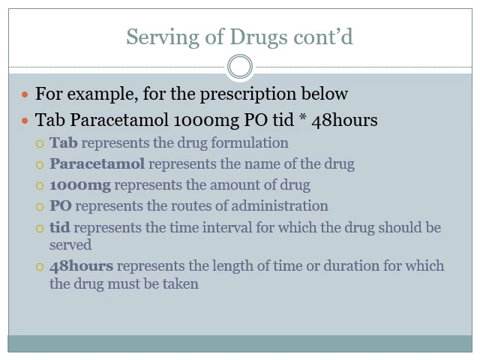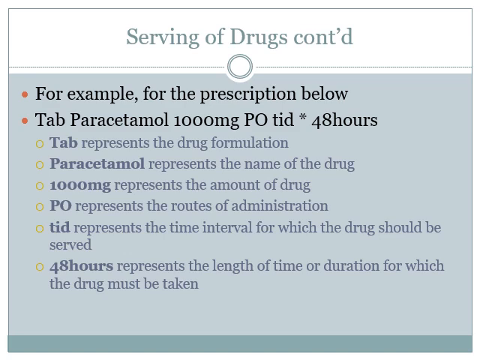So, for example, we have a prescription: tab paracetamol 1,000 milligram PO TID times 48 hours. Please, all these terms aside from paracetamol are found in the abbreviations table. Tab means that the drug is a tablet. Then 1,000 milligram, MG means milligram. PO means per os, or by mouth.